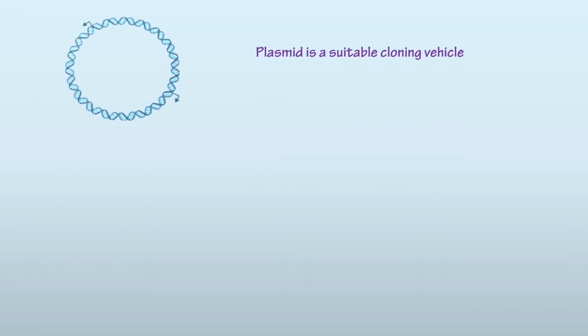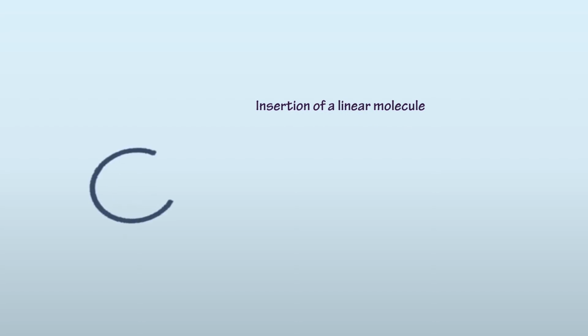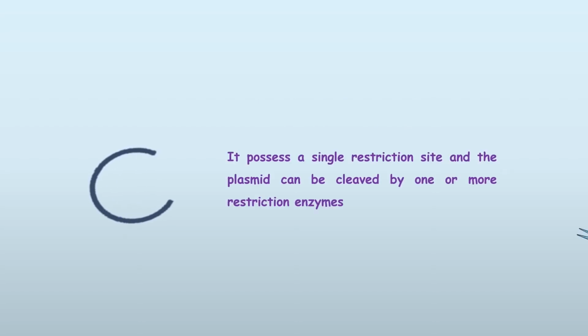Plasmid is considered as one of the best suitable cloning vehicles. Plasmid can be easily isolated from the cells. Insertion of a linear molecule does not alter the restriction properties. It possesses a single restriction site and the plasmid can be cleaved by one or more restriction enzymes.